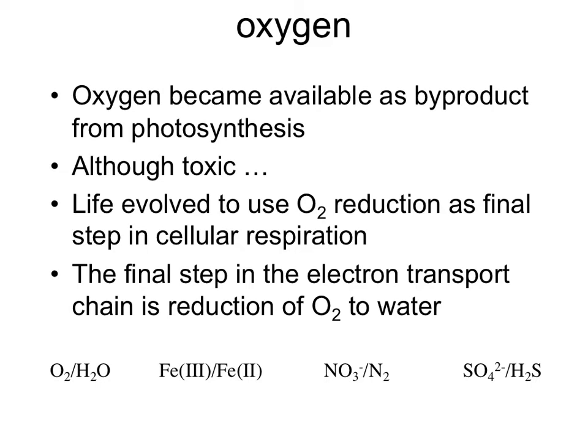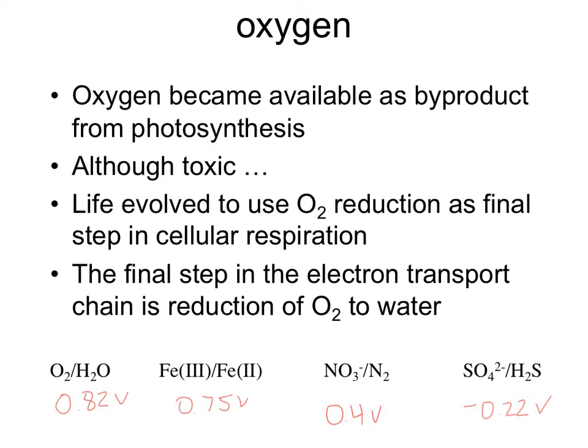The redox potential of the oxygen-water couple is about 0.82 volts. The iron 3/iron 2 redox couple is 0.75 volts. The nitrate to N2 reduction potential is 0.4 volts, and the sulfate to H2S reduction potential is minus 0.22 volts.